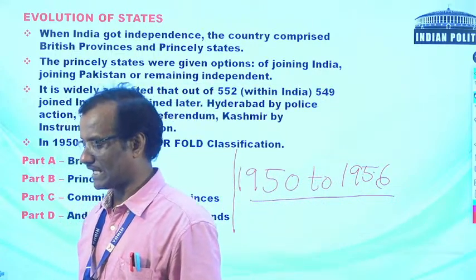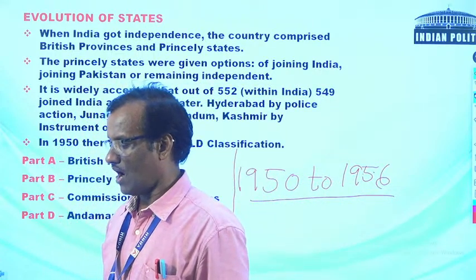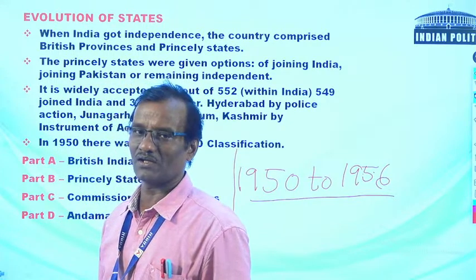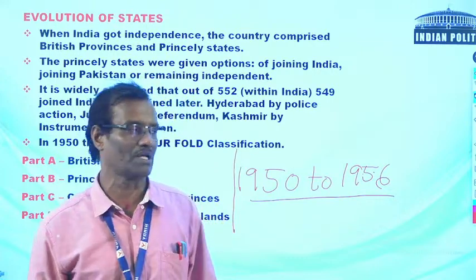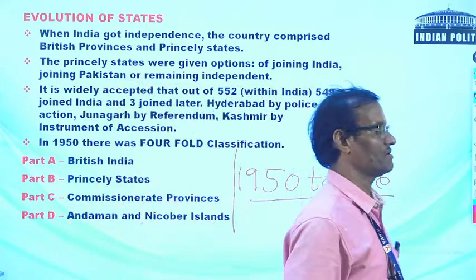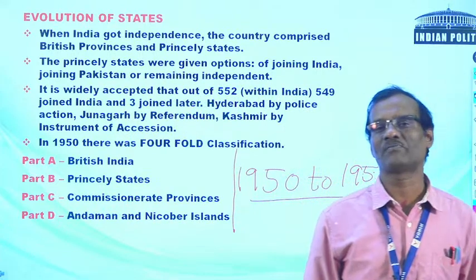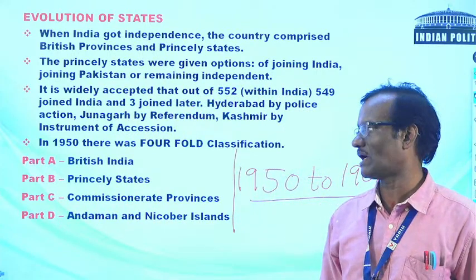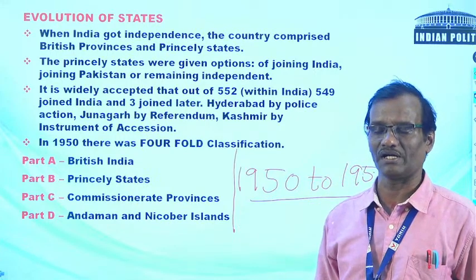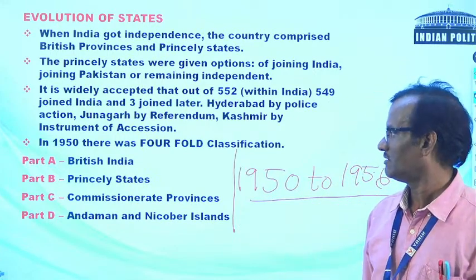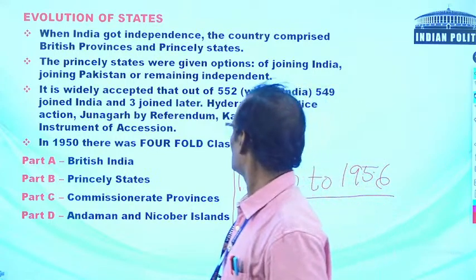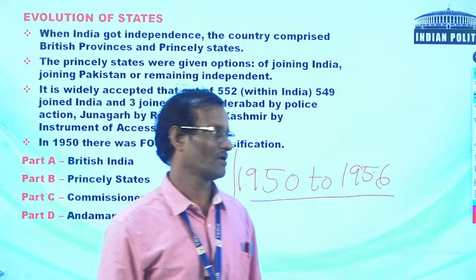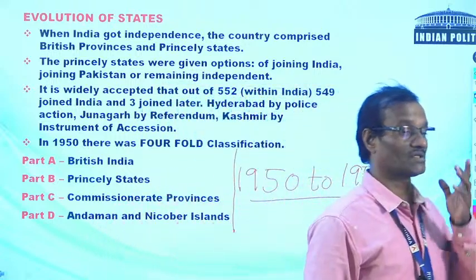The princely states were given the opportunity to join India, to join Pakistan, or to remain independent. Out of the 552 princely states, 549 had joined India, but 3 like Hyderabad, Jammu Kashmir and Junagadh joined later.